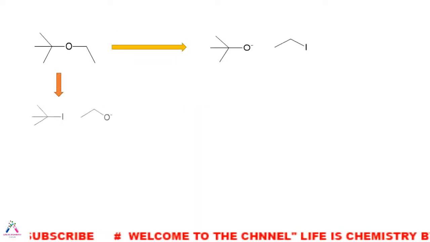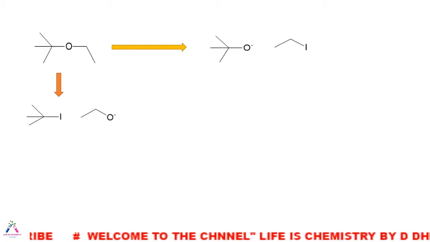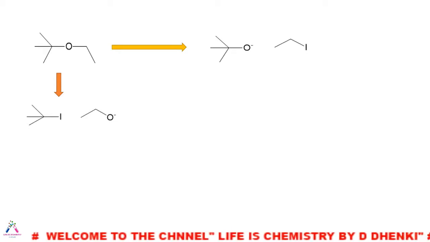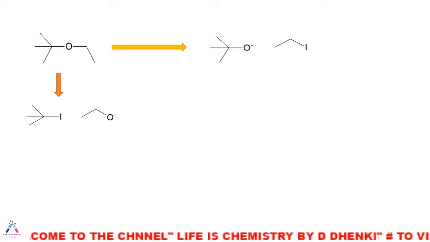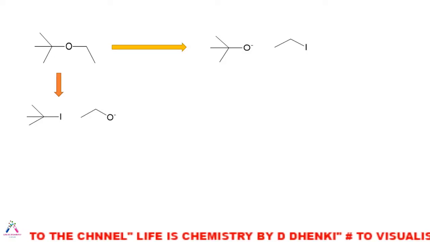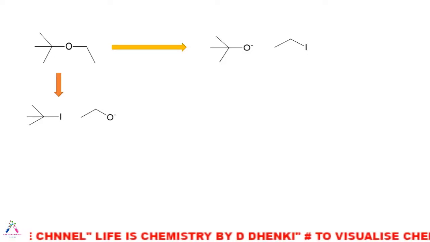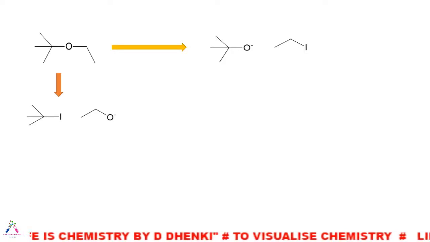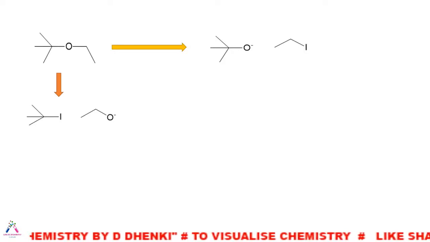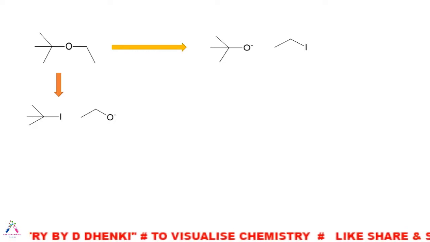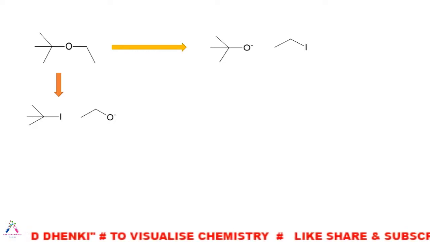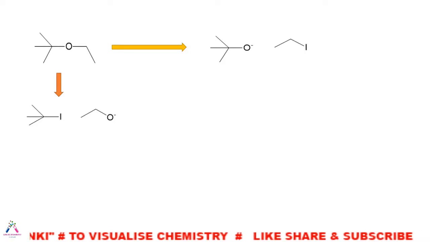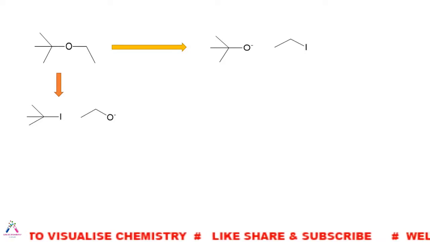Now we want to prepare this ether which contains an ethyl group and a tertiary group. Now this ether can be made from two types of starting material. One type contains the tertiary butoxide anion and ethyl iodide.